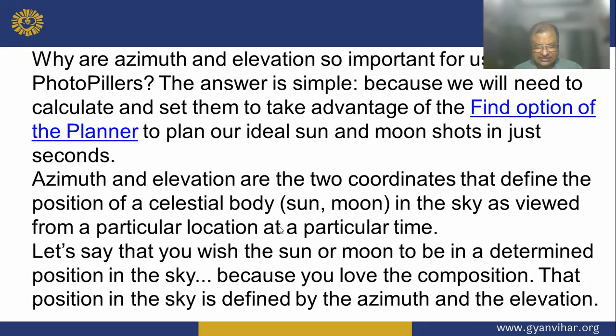Let's say that you wish the sun or the moon to be in a determinate position in the sky because you love the composition. That position in the sky is defined by the azimuth and elevation.